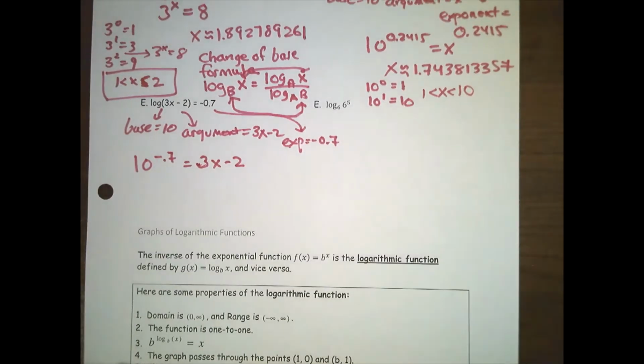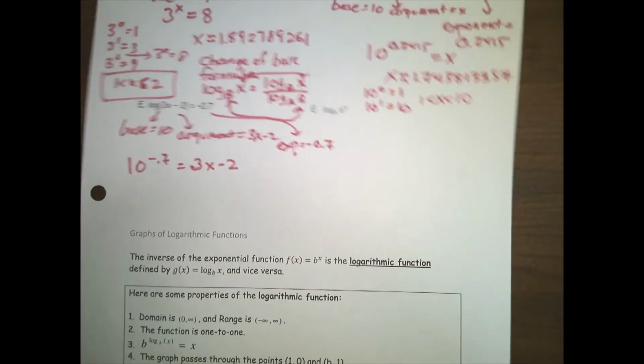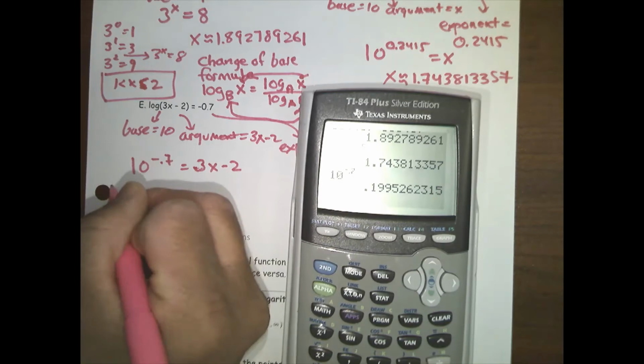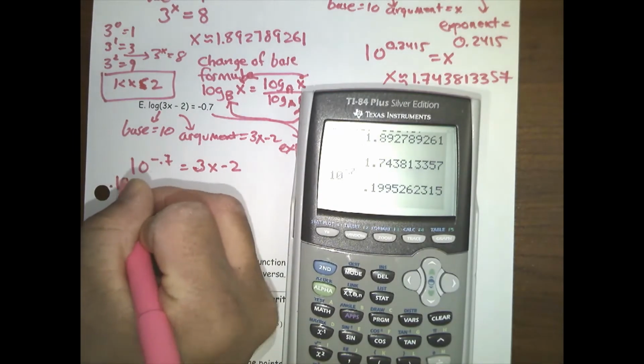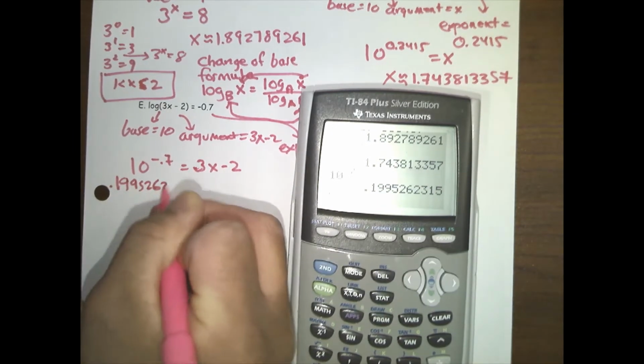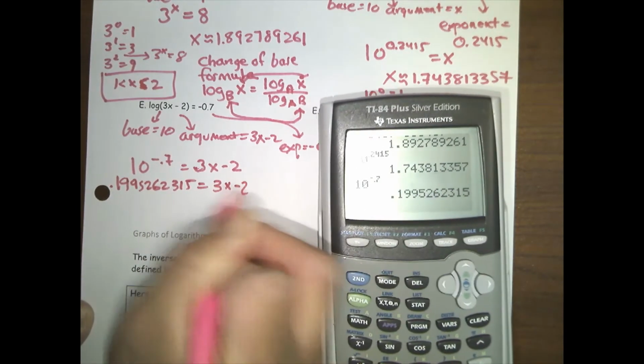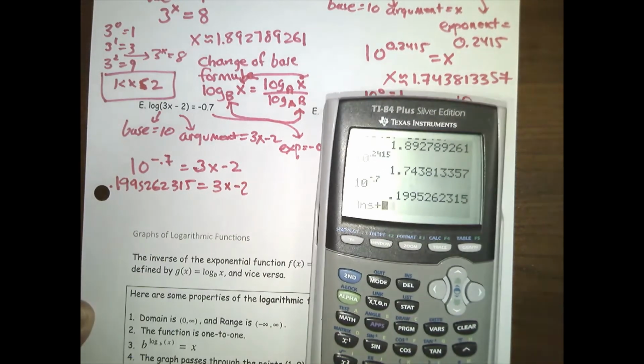And then try not to do any rounding until the end. And if you do, then make sure that you still write out every digit your calculator gives you. So you could do 0.199526231 is equal to 3x minus 2, and then add the 2.